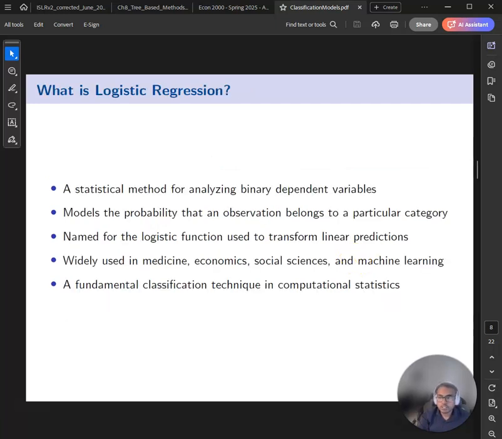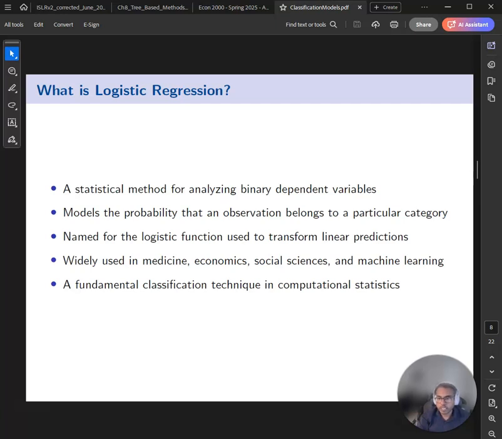So let's get into the specifics of logistic regression. At its core, logistic regression is a statistical method specifically designed for analyzing binary dependent variables, those yes/no outcomes that we have been discussing. What it models is the probability that an observation belongs to a particular category.